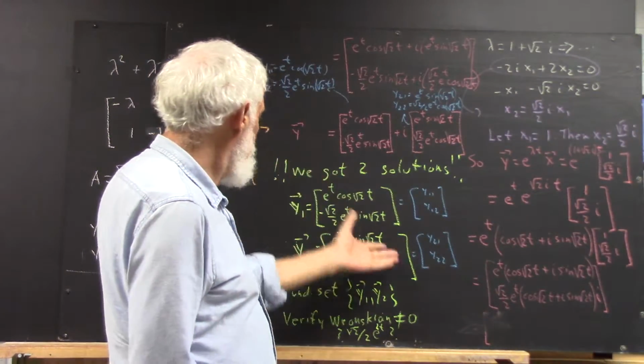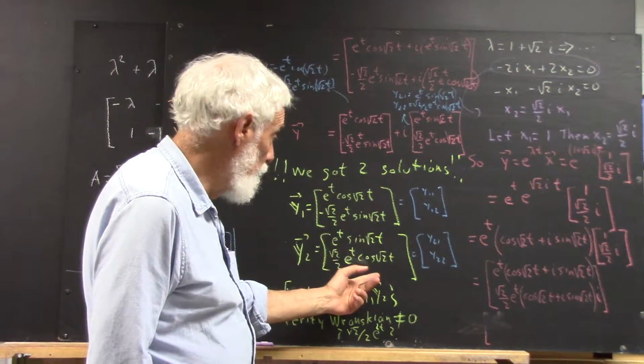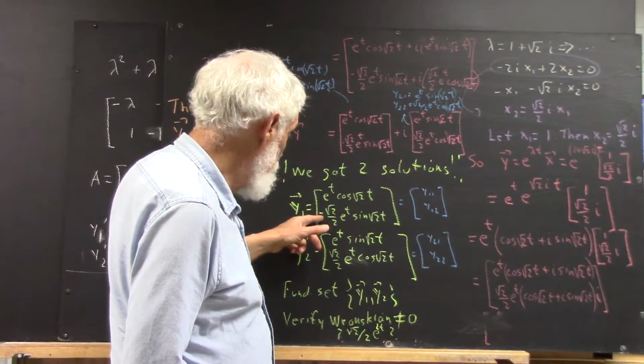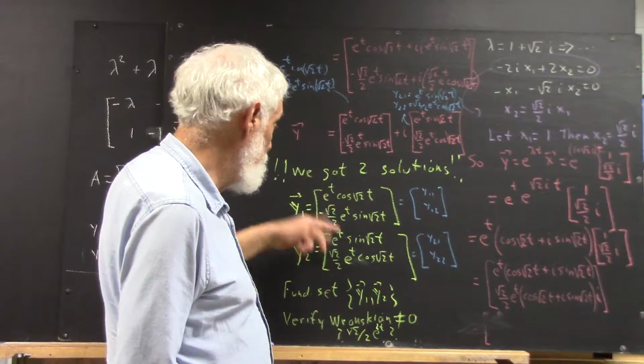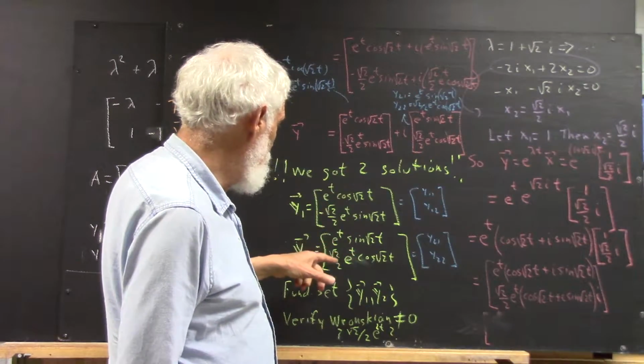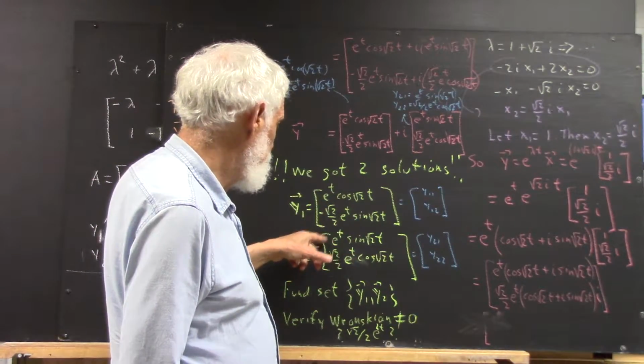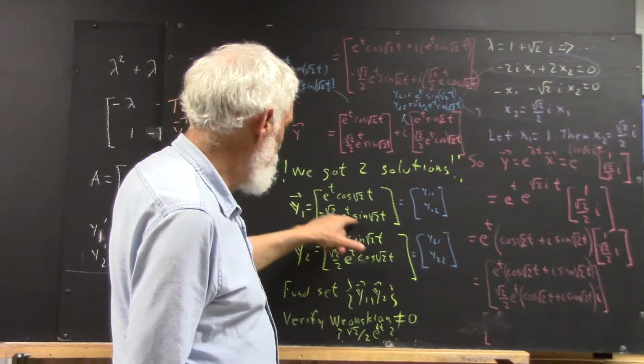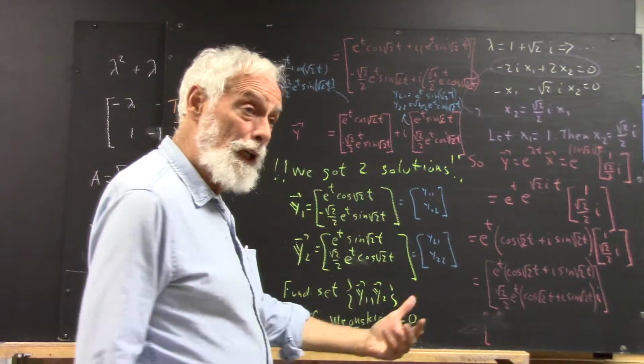Okay, you're going to get an e to the 2t times the cosine squared out of this, and then it's going to be minus this diagonal. Well, this diagonal already has a minus in it, so it's going to end up positive. It's going to be this times this, and it's going to be minus that.